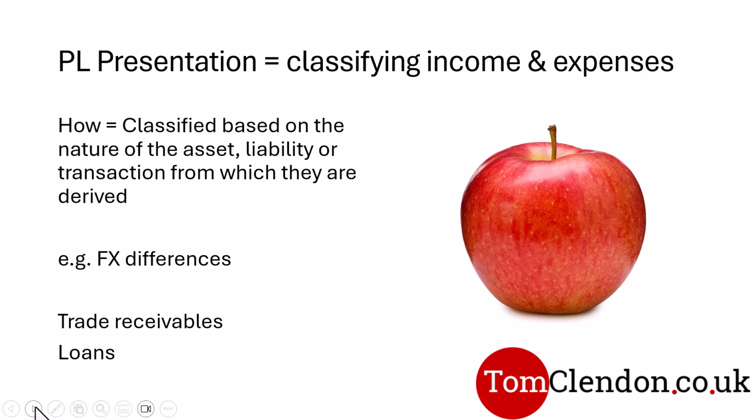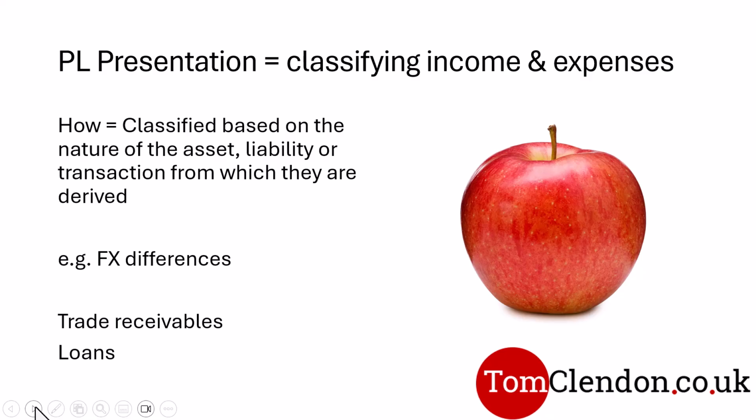This is the question that we had at the beginning. How are you going to classify these income and expenses? And you classify them based on the nature of the asset, liability, or transaction from which they are derived. So foreign exchange differences at the individual company stage, IAS 21, go through the P&L.